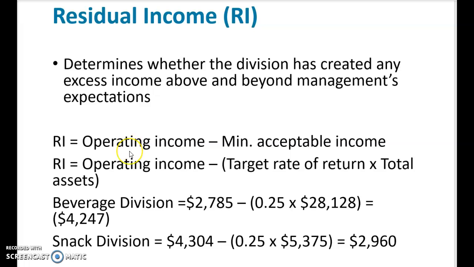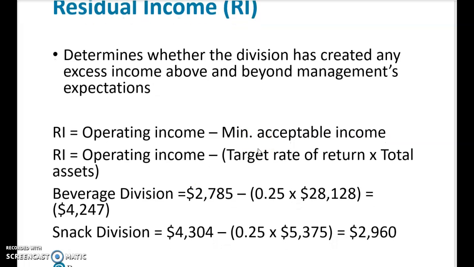So if I take operating income minus this minimum acceptable income, the target rate of return times the assets, that gives me my residual income. So for the beverage division, their operating income is $27.85, and let's say the shareholders or management have a target rate of return of 25% times total assets.